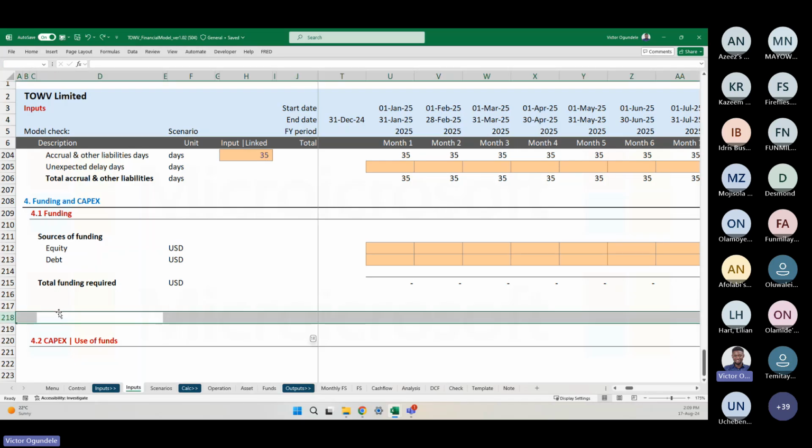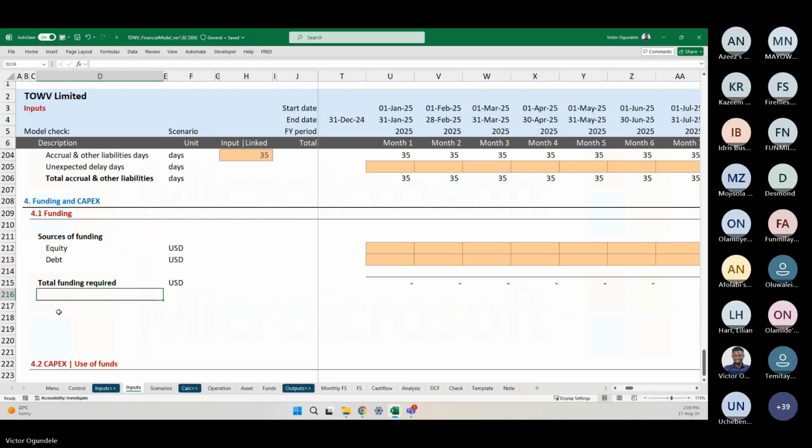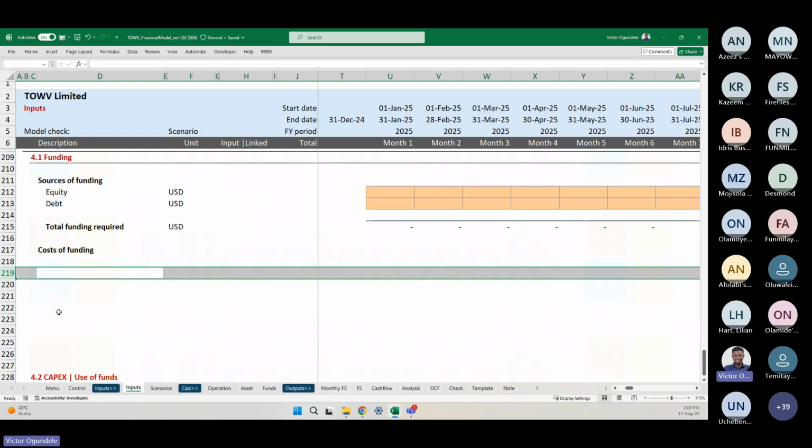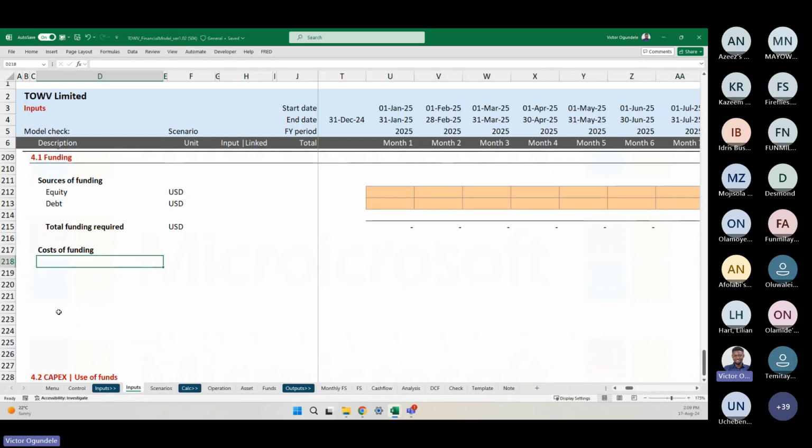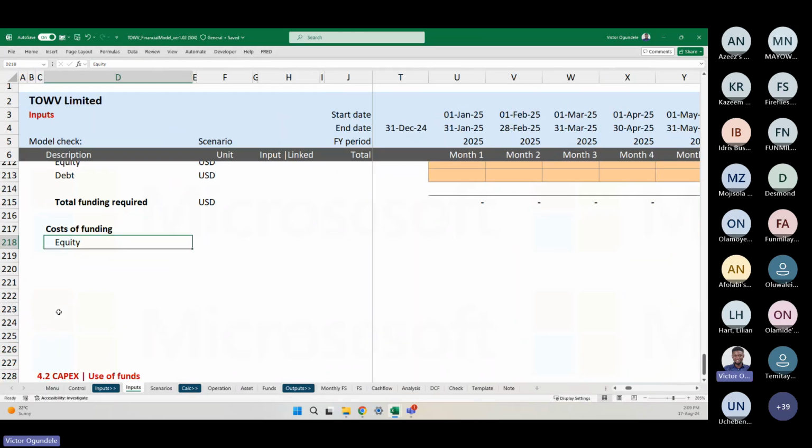So below it, let's now have our cost of fund. So sources of fund, let's have our cost of funding. So for the equity, under equity, let's have our dividend payout ratio.